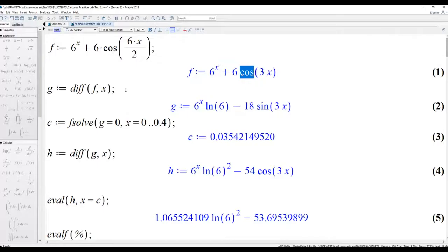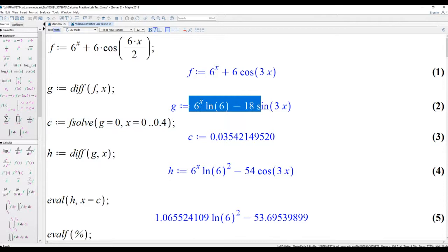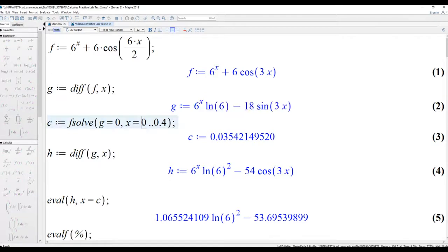And to find the turning point, what I'm going to do is differentiate the function and then set it equal to 0. If I differentiate the function with the diff command, I'll get something like this. And what I want to know is, where is that 0 in this interval?